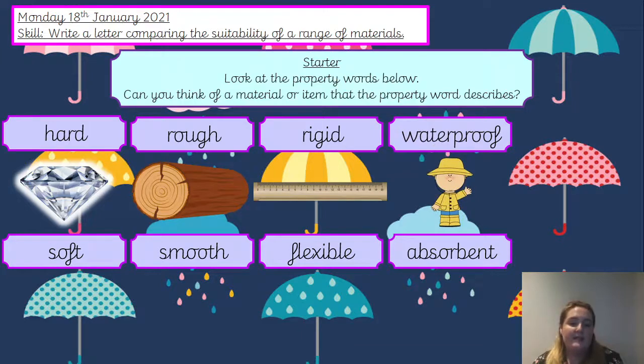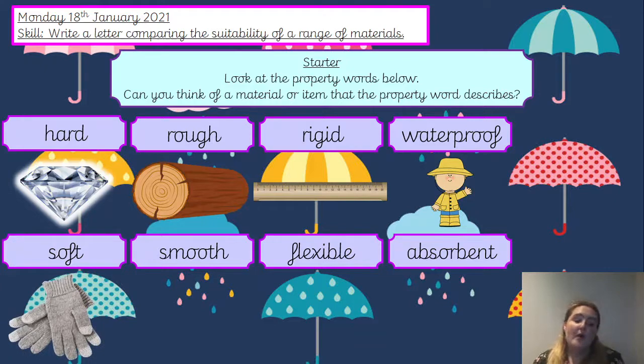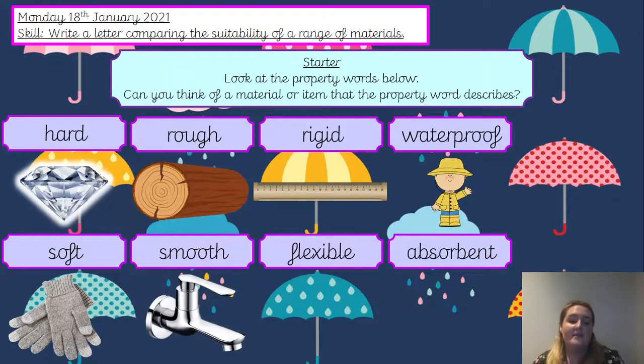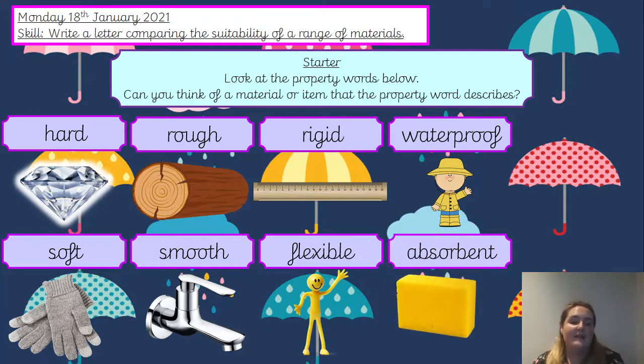Waterproof, I have picked a waterproof fabric that keeps us nice and dry when it rains. Soft, I've gone for woolly gloves. Smooth, I've picked a metal tap. Flexible, I picked a plastic bendy man, and then absorbent, I have picked a sponge, a very absorbent sponge.